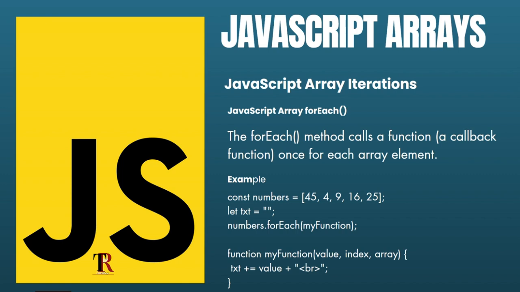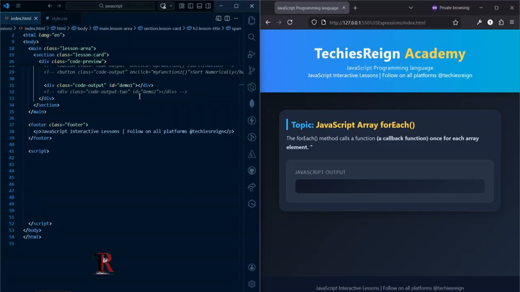Then the forEach method is passed to the numbers array, and then the function for that iteration itself is made below it, that it should iterate over the value, the index, and then the array itself. Let's take a look at what this example will do in real life.